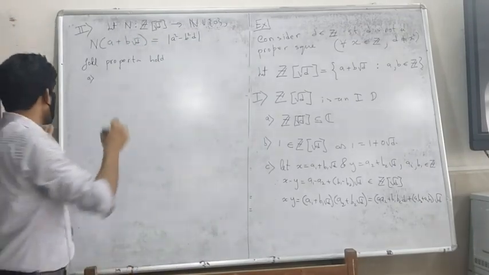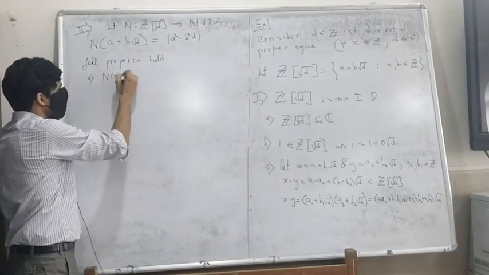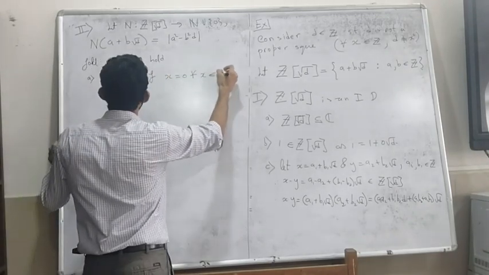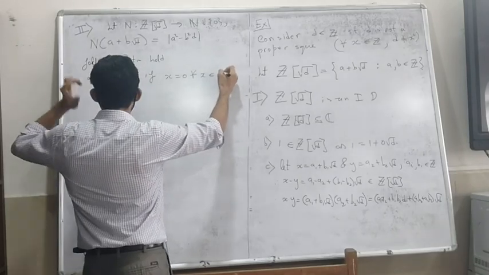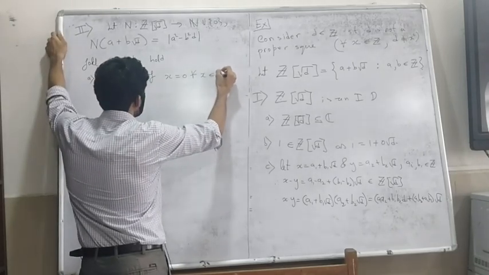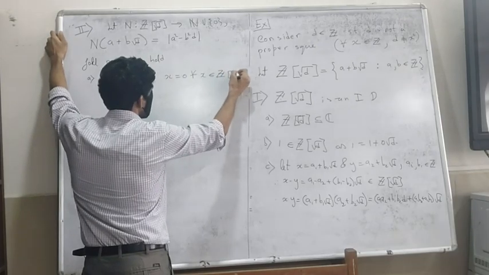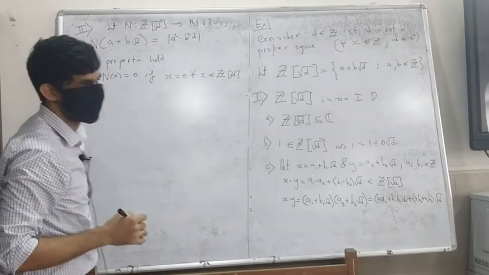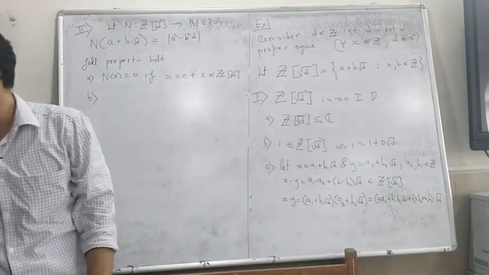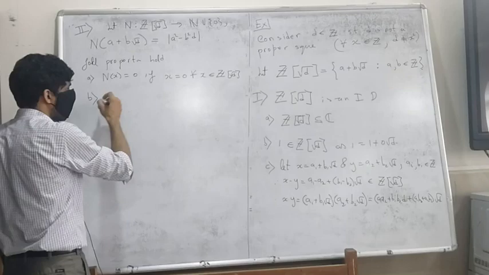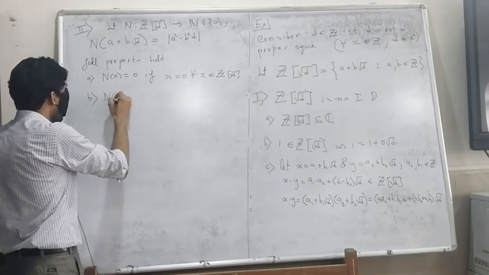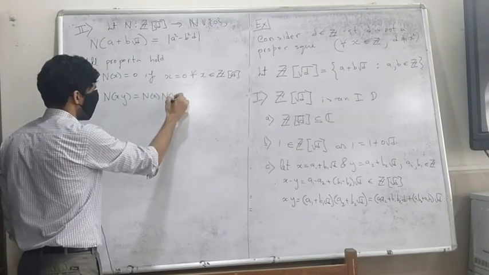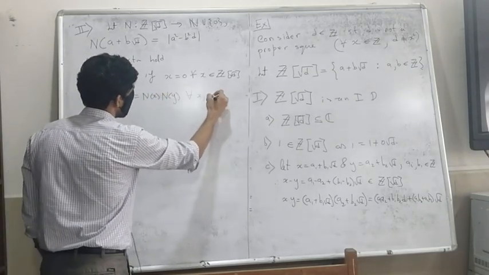One is N of x is 0 if and only if x is 0, for every x in Z root d. You know that happens for norms on a vector space also, right? Similarly, another property is that N of xy is N of x times N of y, for every x and y in Z root d.